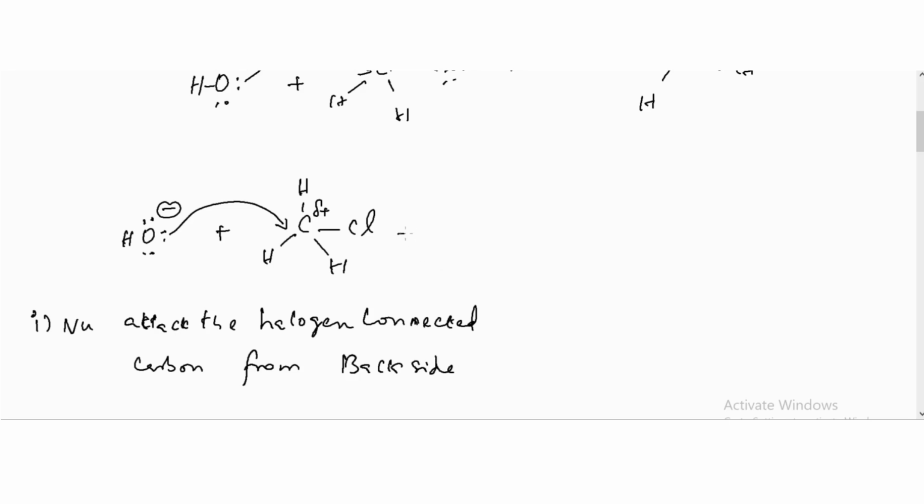Now it forms a transition state, and there is a big difference between the transition state and the intermediate. The transition state compound cannot be isolated.